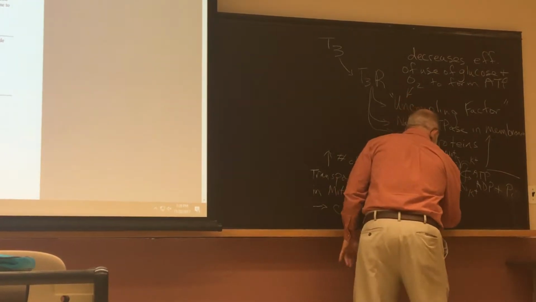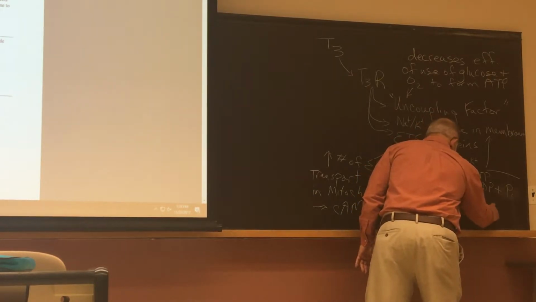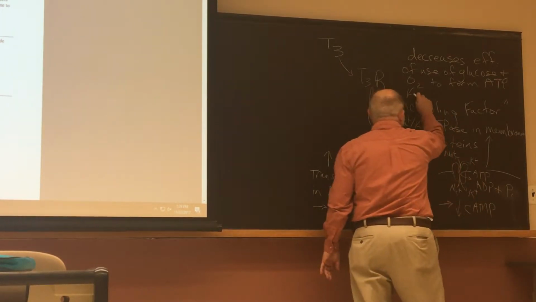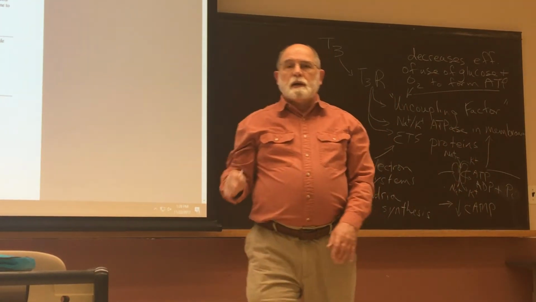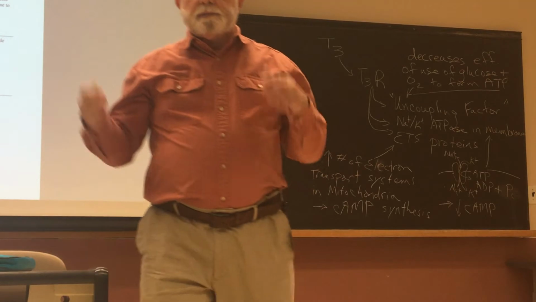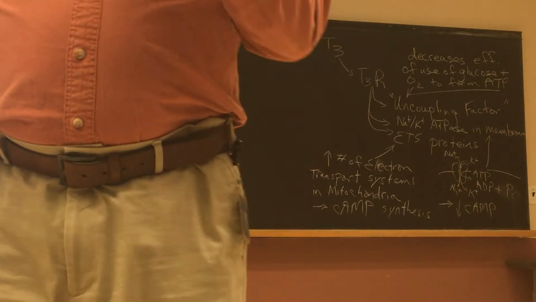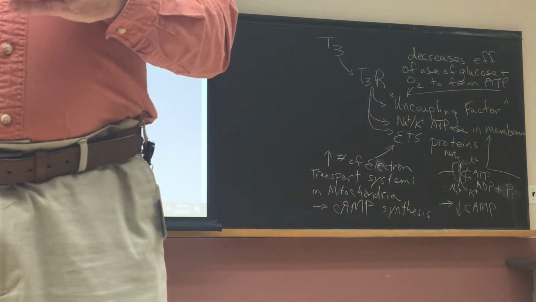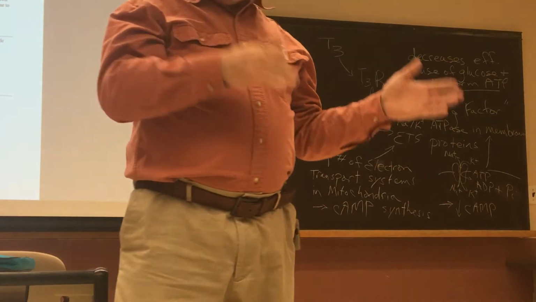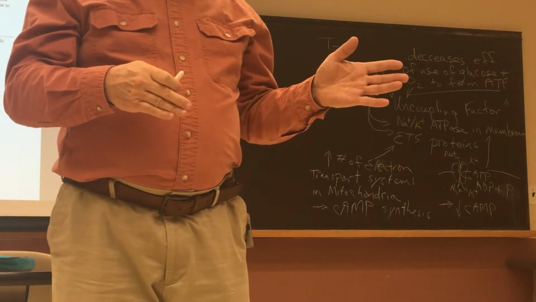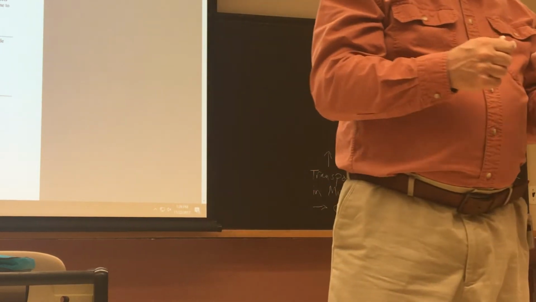So this is decreased cyclic AMP. What about up here? We said that the electron transport system makes ATP using reducing equivalents and glucose plus oxygen. What if I make the coupling less efficient?